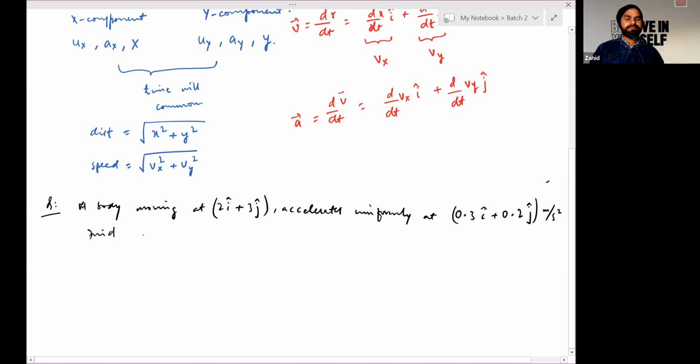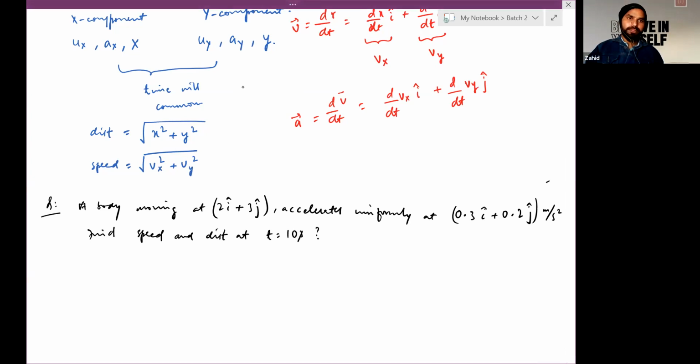Then find the speed and distance at t equals 10 seconds.